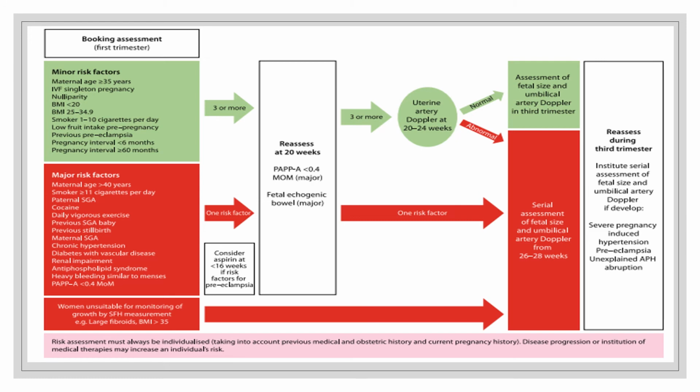Okay. Now, if there are major risk factors present: maternal age over 40, smoker greater than 11 cigarettes per day, paternal SGA, cocaine user, daily vigorous exercise, previous SGA baby, previous stillbirth, maternal SGA, chronic hypertension, diabetes with vascular disease, renal impairment, antiphospholipid syndrome, heavy bleeding similar to periods, PAPP-A less than 0.4 multiples of the median.